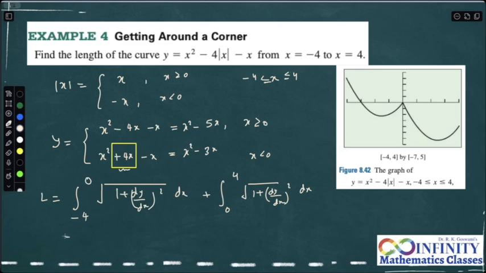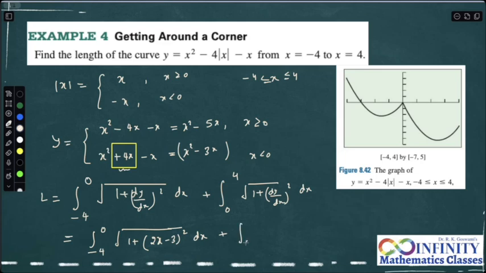Now please try to help me. This is going to be negative 4 to 0, square root of 1 plus, what is the derivative of x squared minus 3x? Am I right? So this is going to be 2x minus 3. Yes. And dx is there.